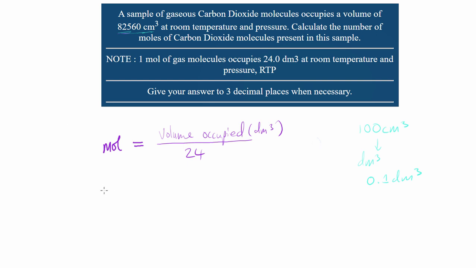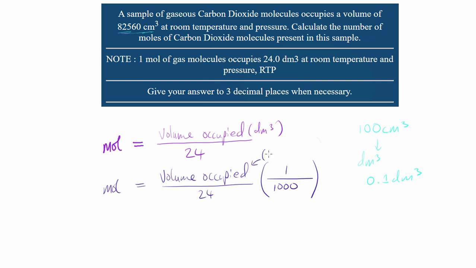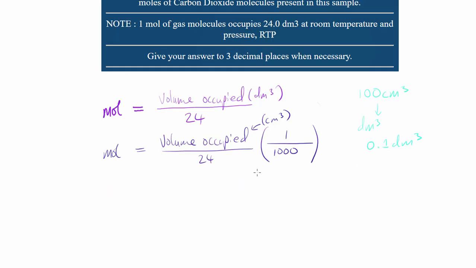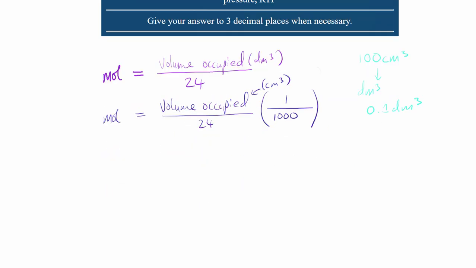What we get is that the moles, this is now relating to a centimeters cubed situation, is the volume occupied divided by 24 multiplied by 1 over 1,000, right? And this is because this volume occupied here is in centimeters cubed. And if we just consolidate that, what do we get?